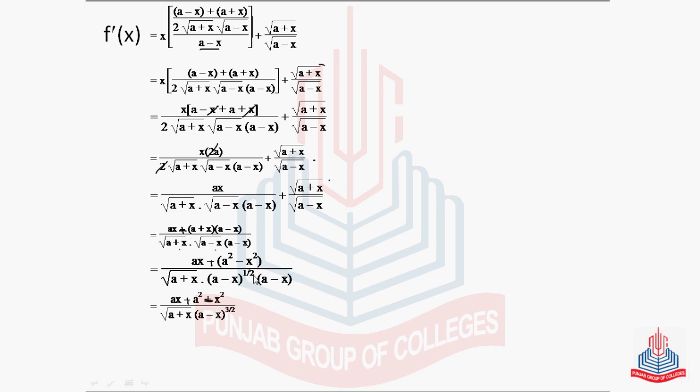Now the final answer is a square minus x square plus ax, over square root a plus x and a minus x raised to the power 3 by 2.